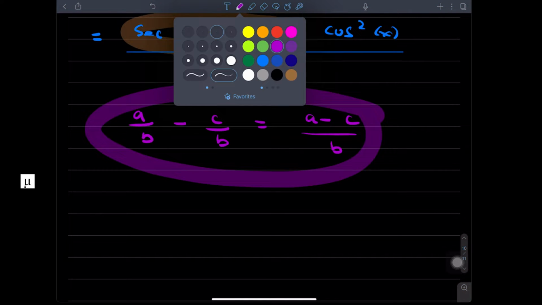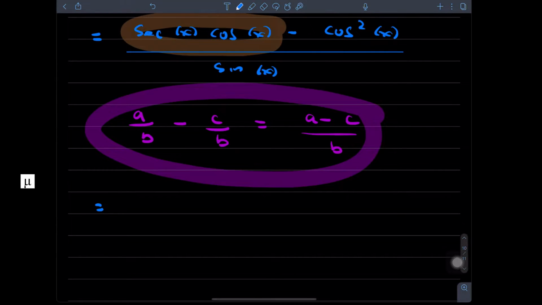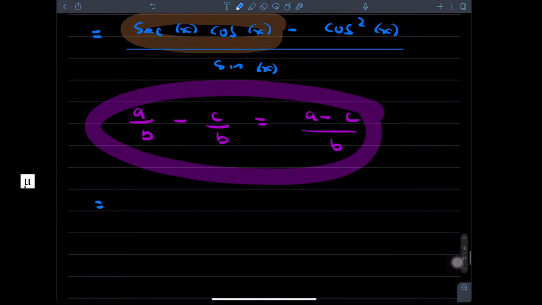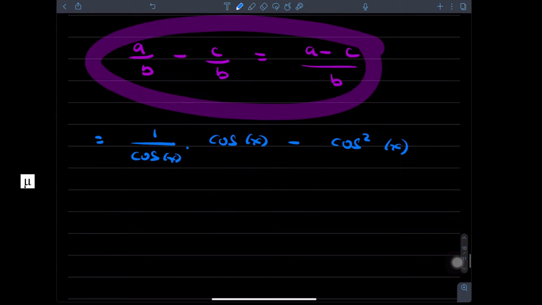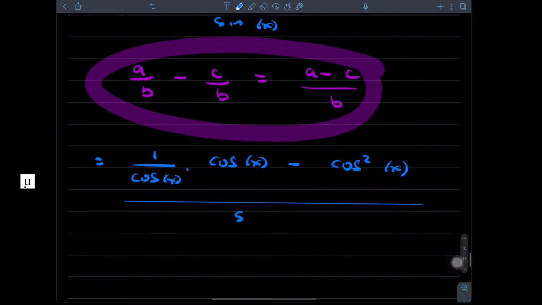So what is that supposed to be? Anybody know? What's the reciprocal of secant? 1 over cosine times what? Cosine minus cosine squared. Everything over what? Sine.